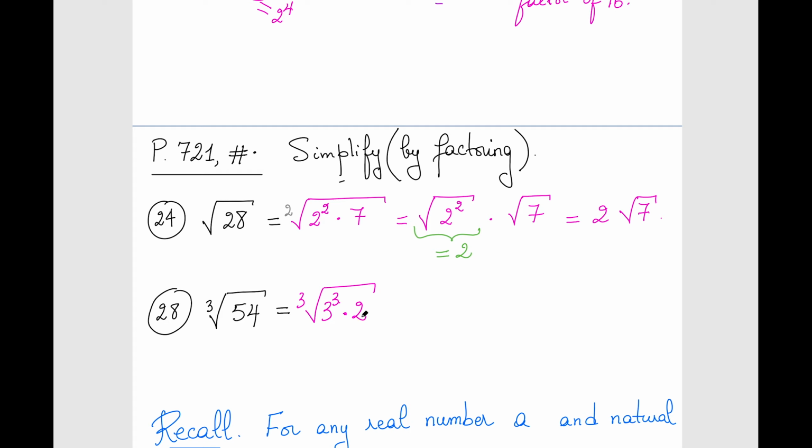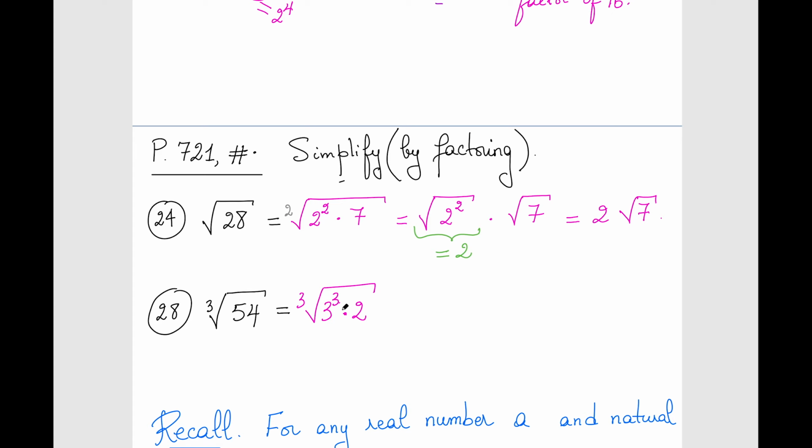And now it's apparent that there exists a divisor of 54, which is this whole thing, which is a perfect third power, right? It's right there. 27, sorry, my bad. 27 is a perfect third power. So since 54 has a perfect third power divisor, this is not simplified.